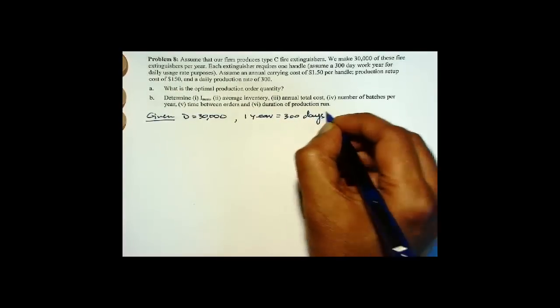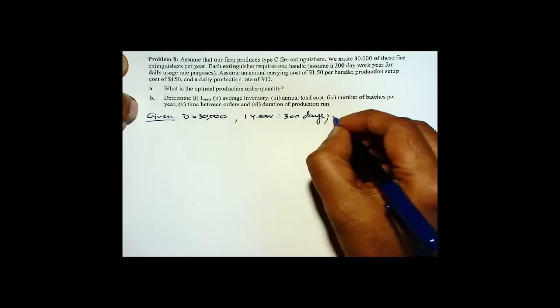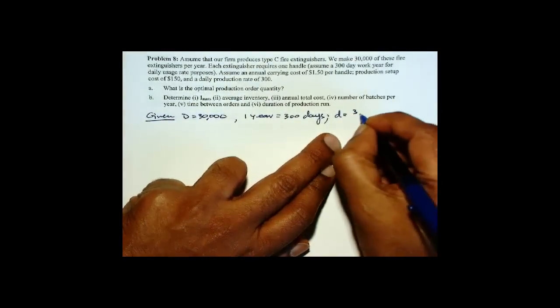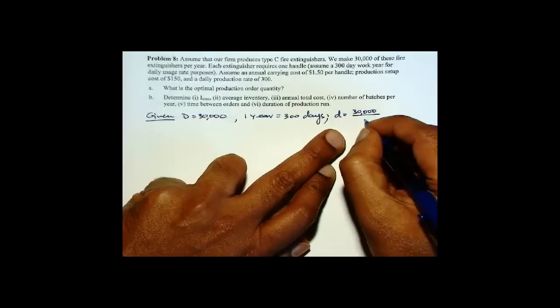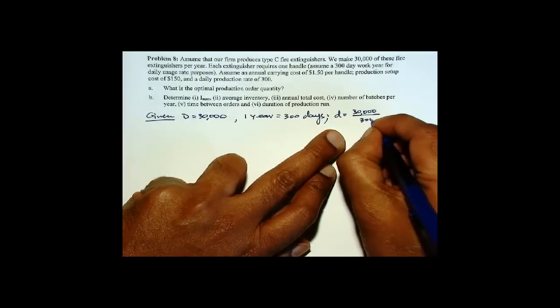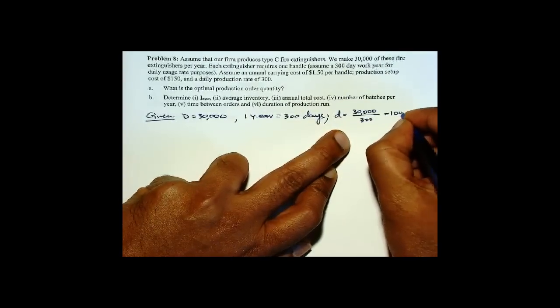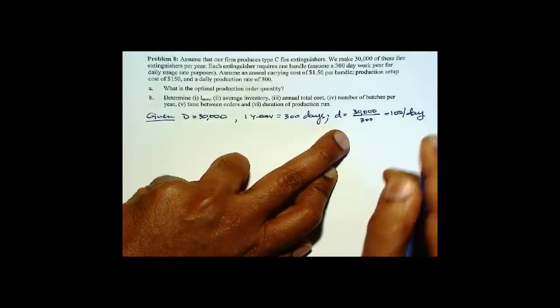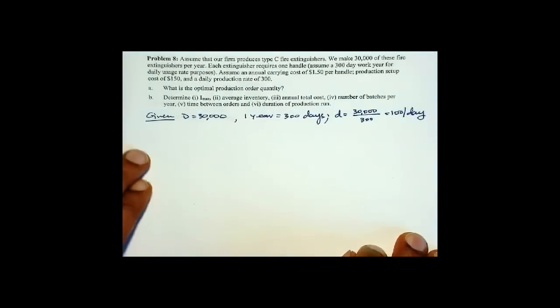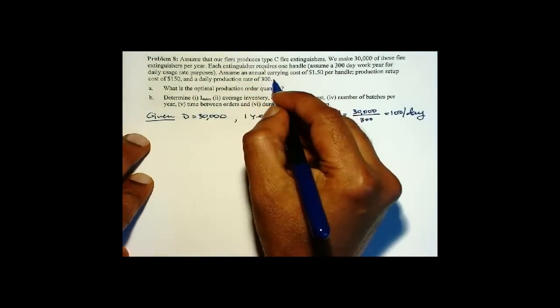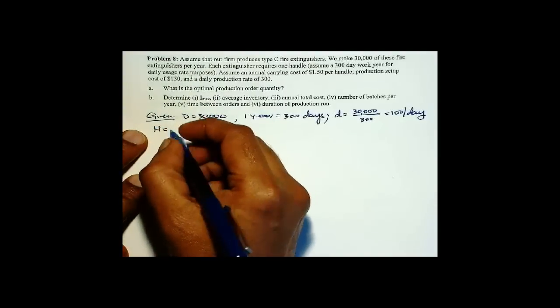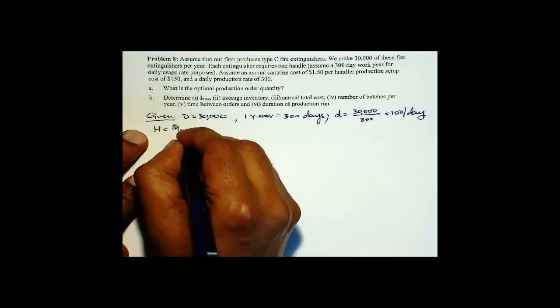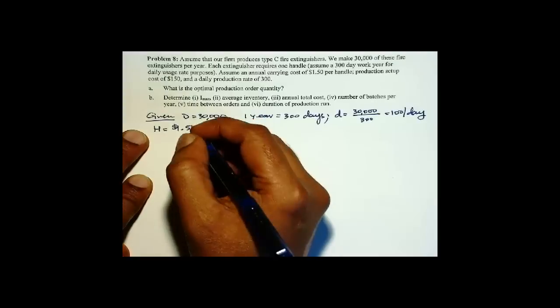Which means our demand rate is 30,000 divided by 300, which will give us 100 per day. And we are given holding cost of $50 per unit per year.